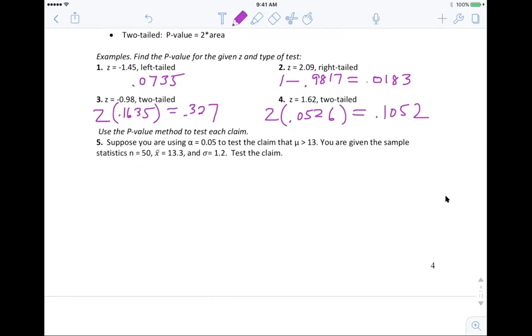So step 1, if I look at my handout there, I want to state my H sub 0 and H sub A. Mu greater than 13, since it does not contain equality, will be an HA. And that is the claim. H sub 0 is just the opposite.